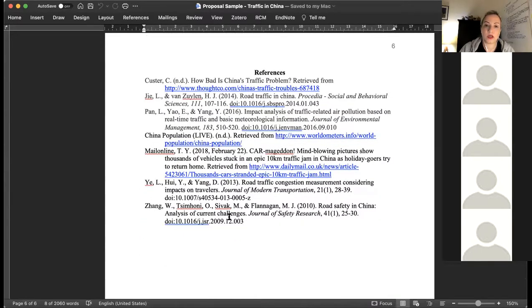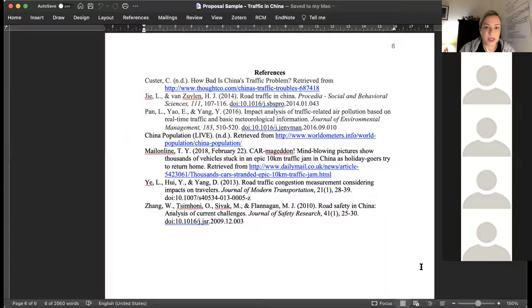Notice there are many journal articles and maybe a couple of popular sources: this one is a popular source, and this one, and this one over here. Those are 4 journal articles. Okay, is this clear?